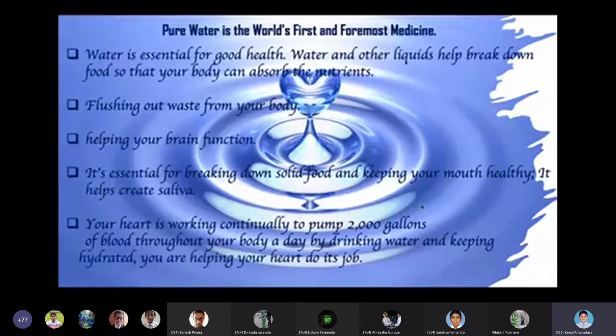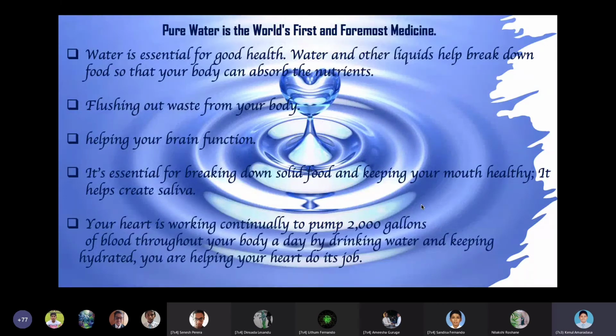We come to our second subtopic. Pure water is the world's first and foremost medicine. Water is essential for good health. Water and other liquids help break down food so that your body can absorb the nutrients, flushing out the waste from your body, and water also helps your brain function.